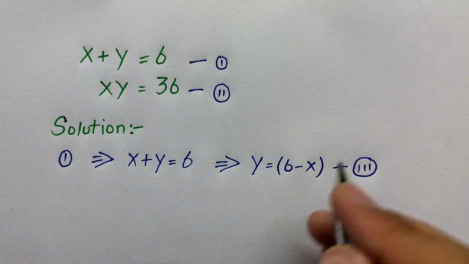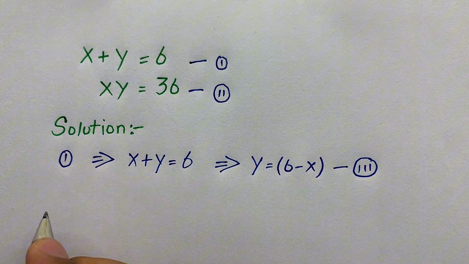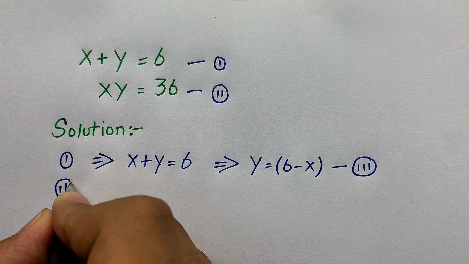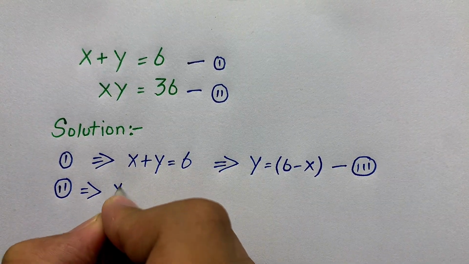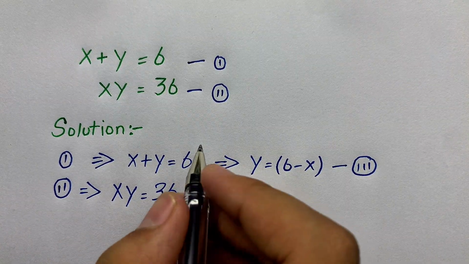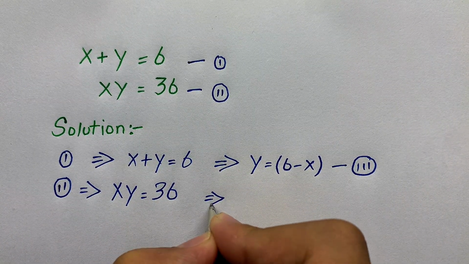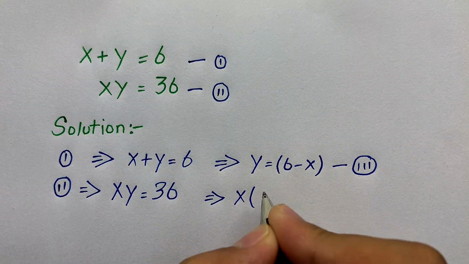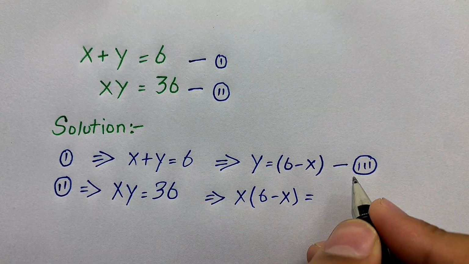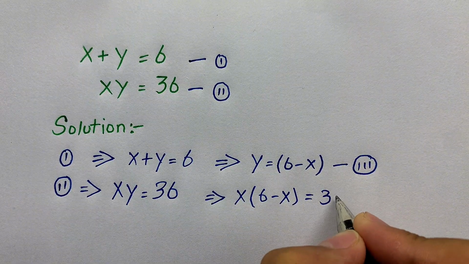Next we are solving xy equal to 36, equation 2. This will be xy is equal to 36, so x into (6 minus x) is equal to 36.